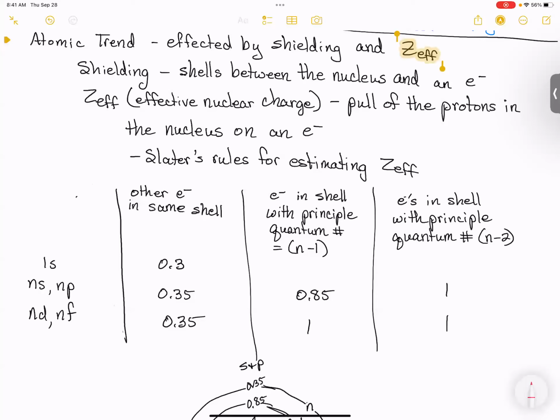So when you have hydrogen, you have your nucleus, and that electron is right up against the nucleus. There is absolutely no shielding involved. That hydrogen's electron feels everything that's in that nucleus.